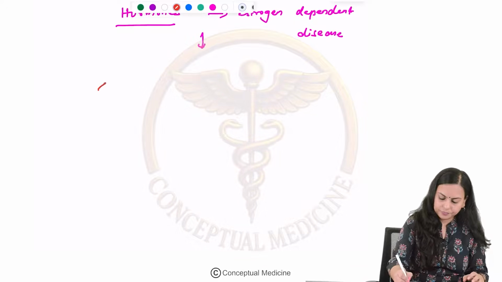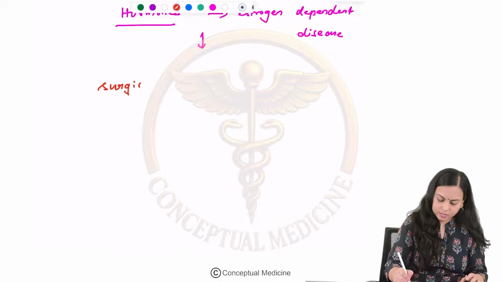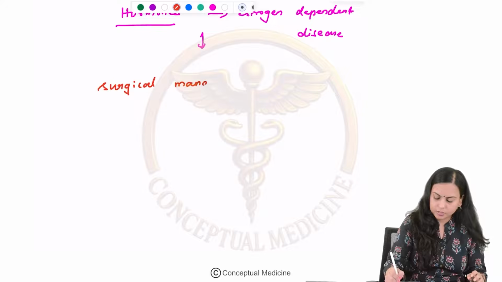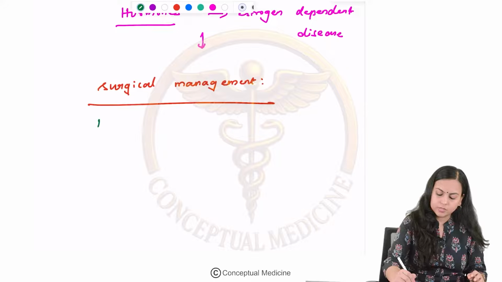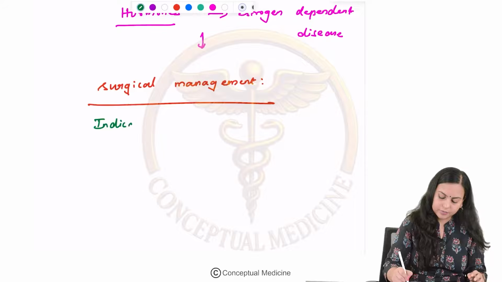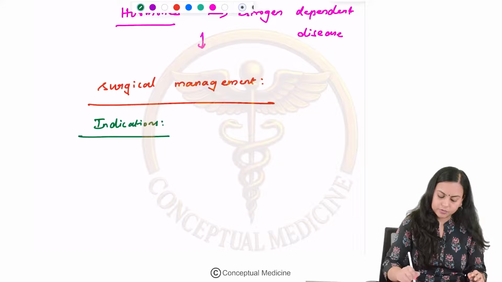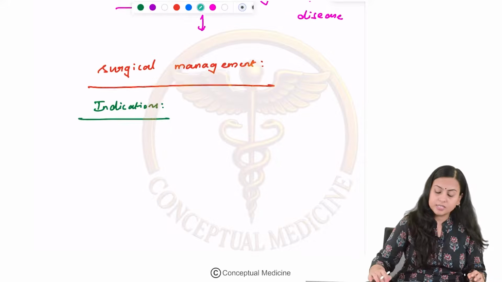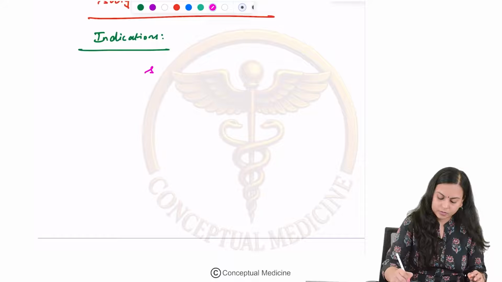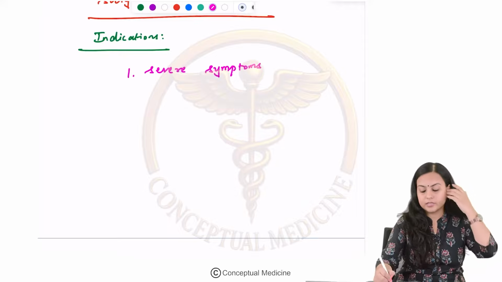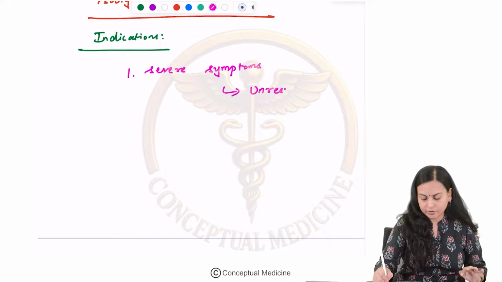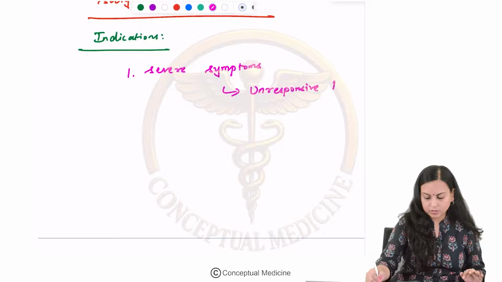And finally, surgical management. So, when will you offer them surgical management? The indications of doing surgery in a female with endometriosis are severe symptoms in the woman, that are especially unresponsive to hormone therapy.